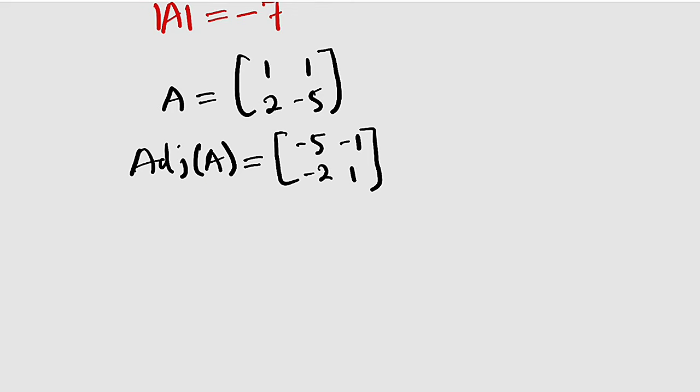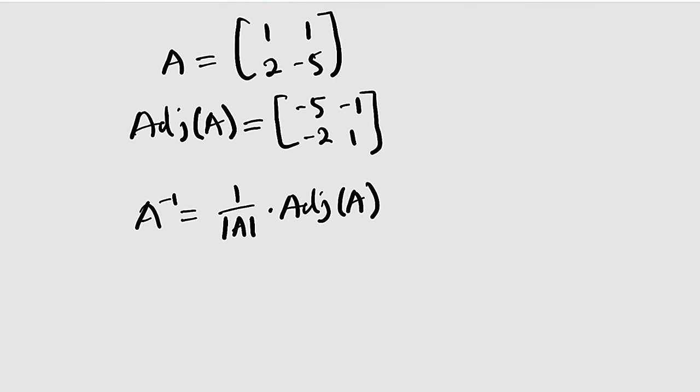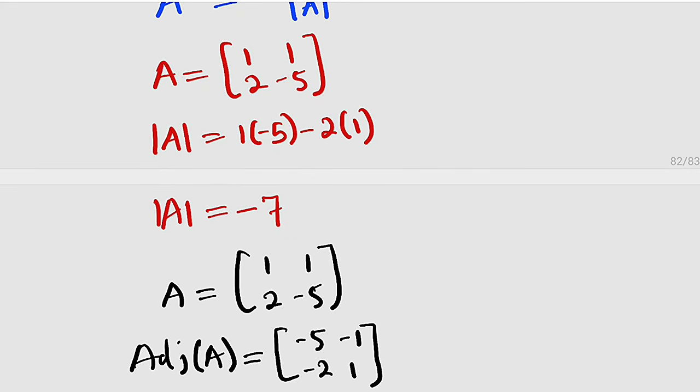All right. So remember, A inverse, we say it is equal to what? 1 divided by the determinant of A multiplied by the adjoint of matrix A. So let's substitute. This is equal to 1 divided by the determinant of A, remember, is negative 7. You see that?